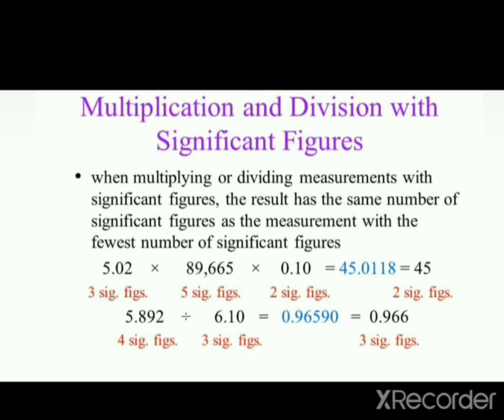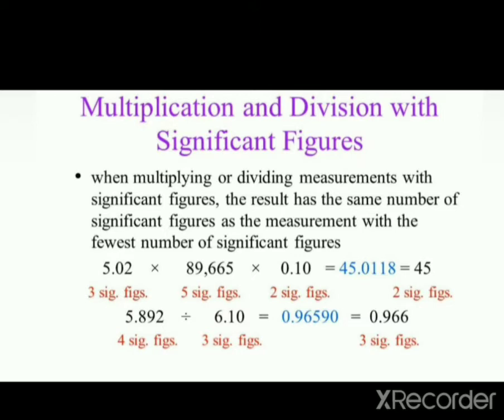Out of these three numbers, which has the fewest number of significant figures? It is 0.10. It has only two significant figures, whereas 5.02 has three significant figures and 89,665 has five significant figures.